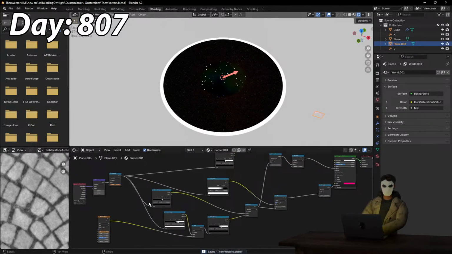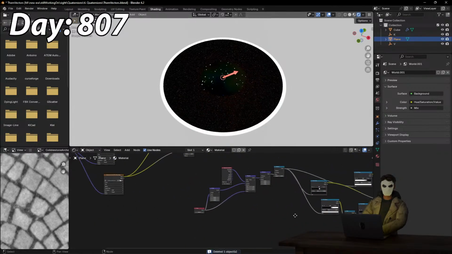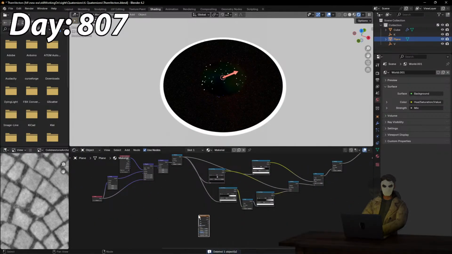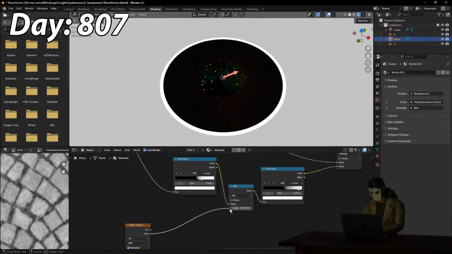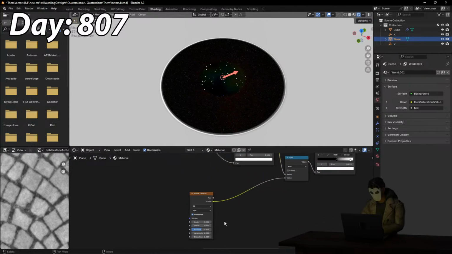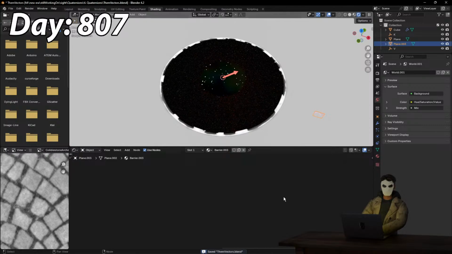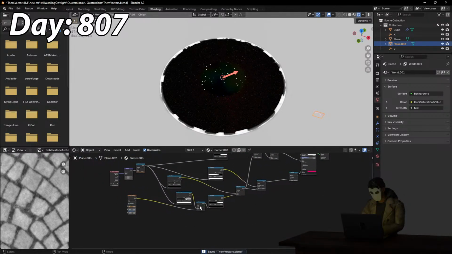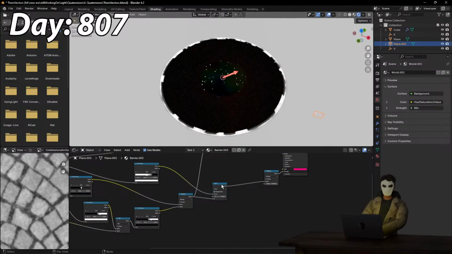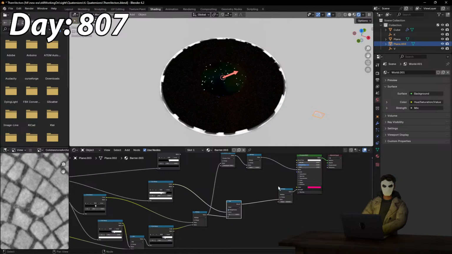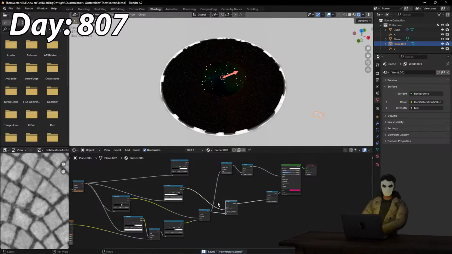Oh, I didn't select the noise, which was supposed to go to the add. Oh yeah, that makes sense. That's why everything is bright. Wait, no, that's not right, still. Noise was supposed to go to the add. Flow between 0 and this. Multiplied by 100.